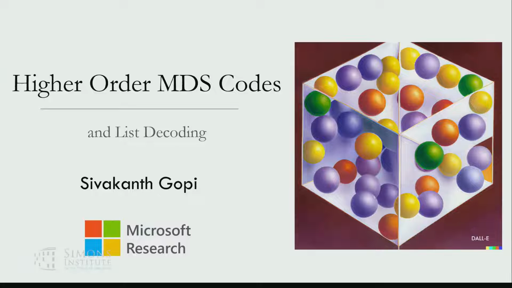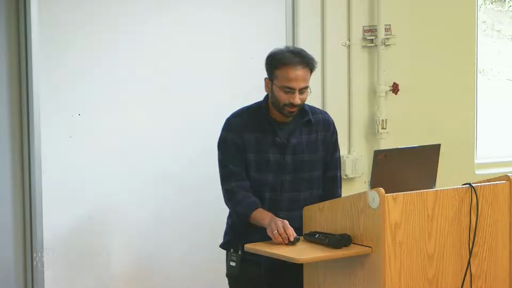So I'll talk about this generalization of MDS codes that we have been working on called higher-order MDS codes, and how we stumbled upon them and how they're related to so many different notions of optimality that people studied. These notions are stronger than MDS.